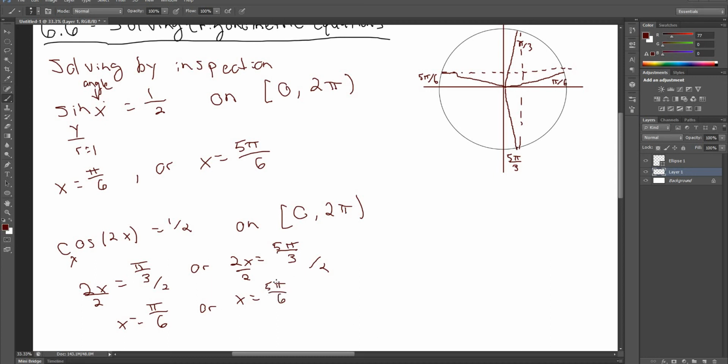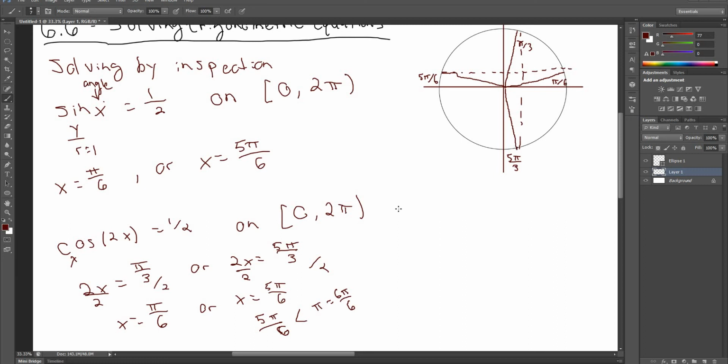Okay, that's great. So we have two solutions, but 5 pi over 6 is less than pi, which is equal to 6 pi over 6. So we haven't actually covered our full period. We're actually going to have more answers than just pi over 6 and 5 pi over 6 because of the coefficient 2, which represents our period.